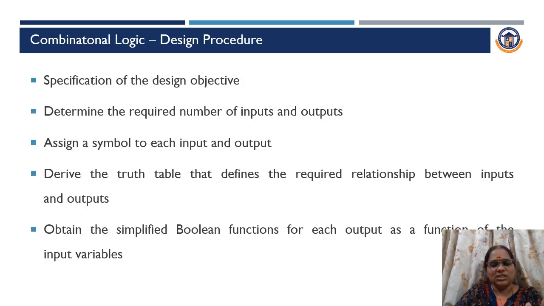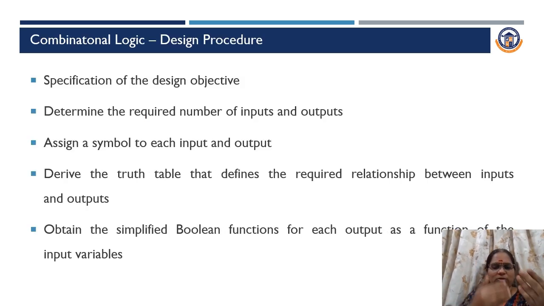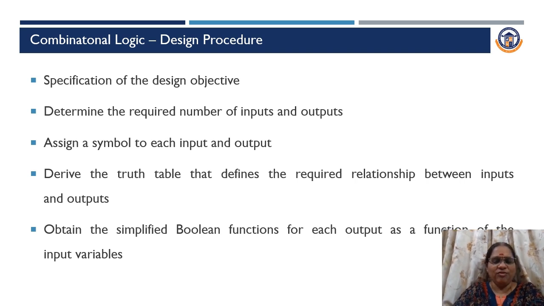For a combinational circuit to be designed, there is a sequence of steps to be followed. What is the design procedure to design a combinational logic circuit? First, you have to specify the design objective, that is, what task your circuit has to perform. Then, for that objective to be met, determine the required number of inputs and outputs, and assign a symbol to each input and output variable.